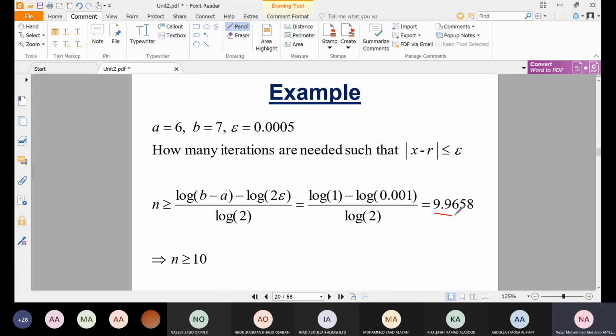And this becomes 9.96. This should be greater than or equal, so we round this number up to 10. So the minimum number of iterations will be 10. To have an error less than this number, we should have 10 iterations or more. Clear, guys?